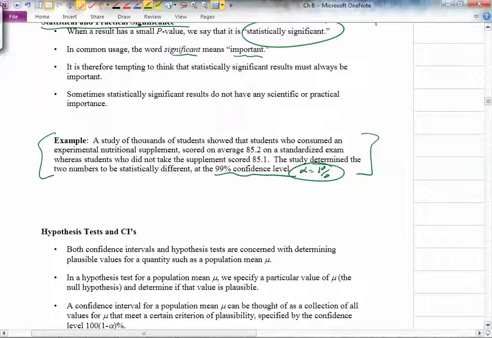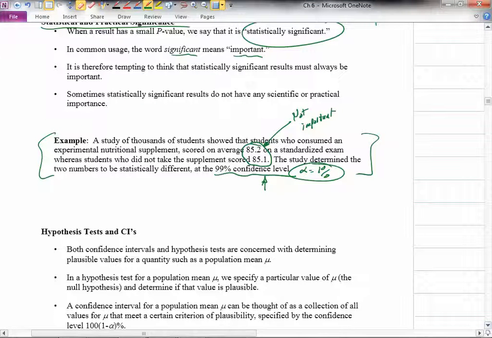Even at that high level of evidence that we're requiring, we got a result, a signal that's discernible from the noise. But the true change in test scores isn't going to mean a whole lot to people. So if this thing is fairly expensive, those kind of things. So we would say it's probably not important, even though it was highly statistically significant.